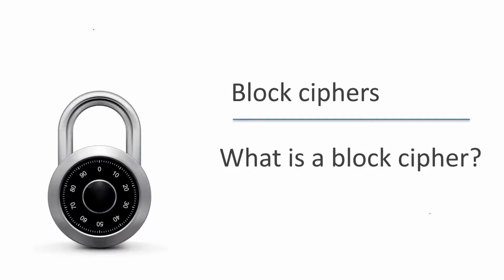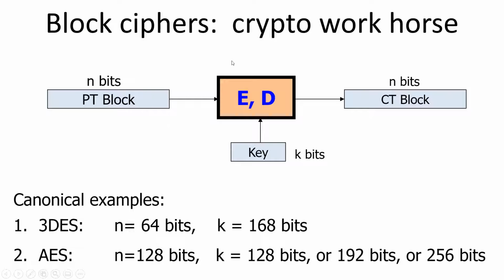Okay, this will be our warhorse to handle security for key reuse. So what is the block cipher? It is a pair of algorithms, encrypt and decrypt. Both of them are keyed, and the encryption takes n bits inputs and outputs n bits outputs.